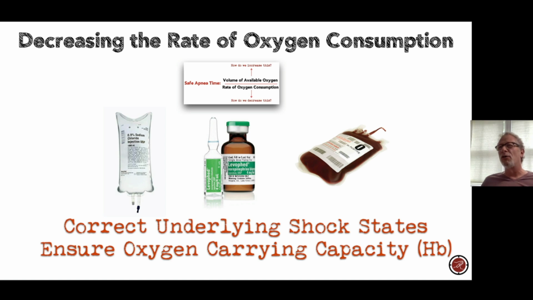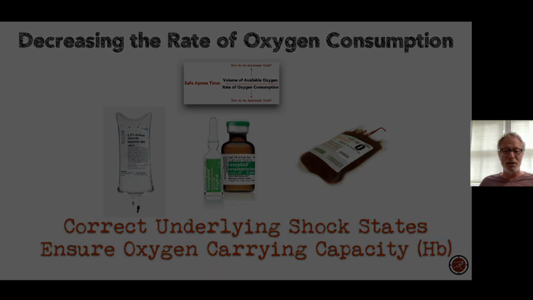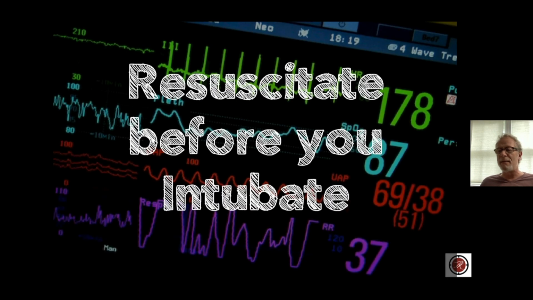Early use of norepinephrine, starting that even in the pre-intubation phase and then continuing it. If their disease mandates that to begin with, you're going to address that. If they need blood, you're going to give them blood. If they need something splinted, you're going to splint them. The principle is that you need to resuscitate them in order to really get the effect and push that oxygen to where it needs to go. So resuscitate before you intubate.